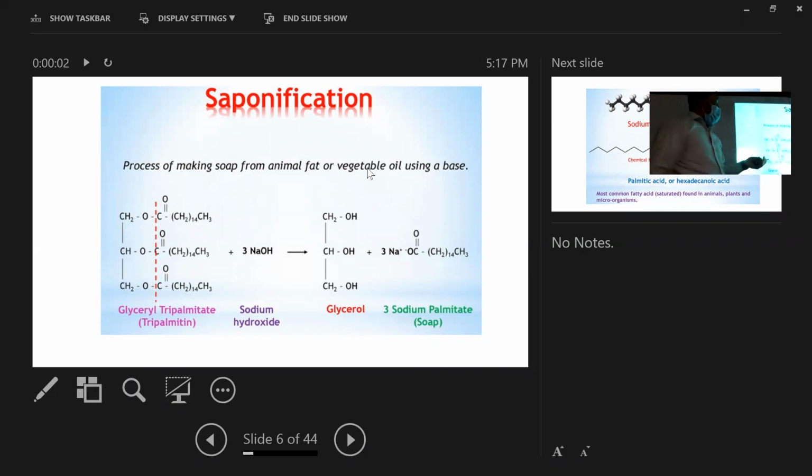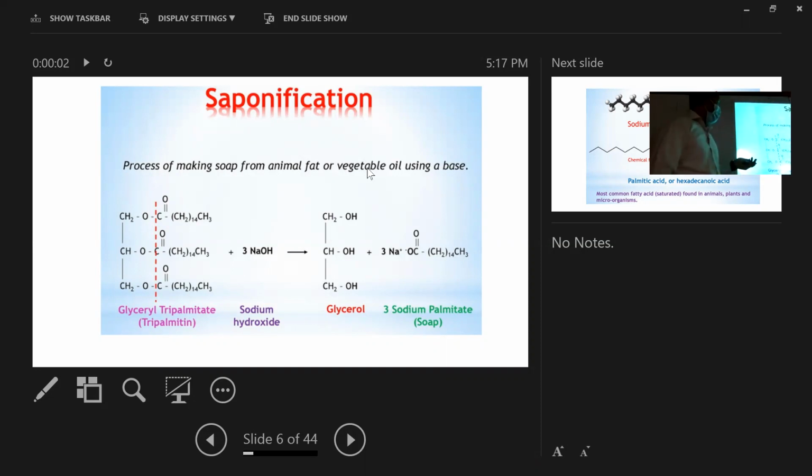The common base or alkali is a strong base, and then we have to use animal fat or vegetable oil. Both are different types of fat, a kind of fatty acid.